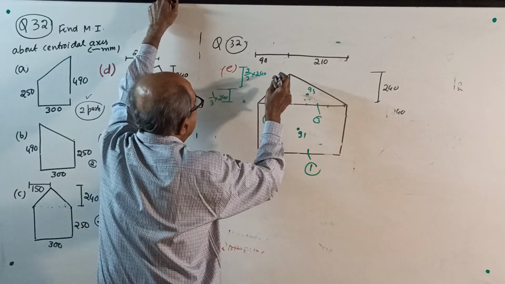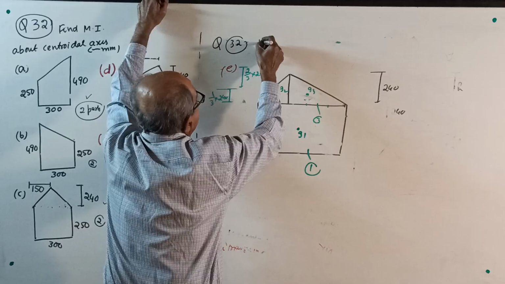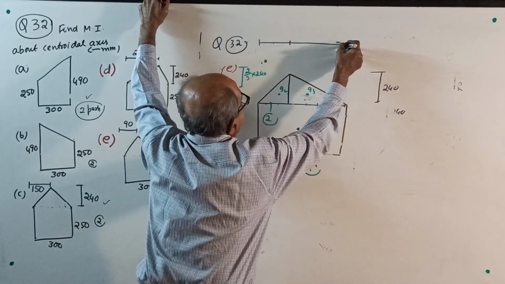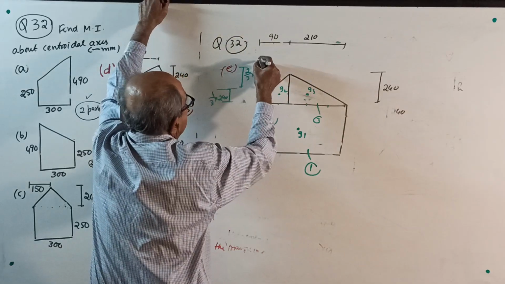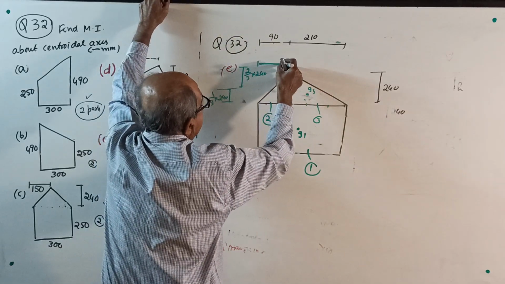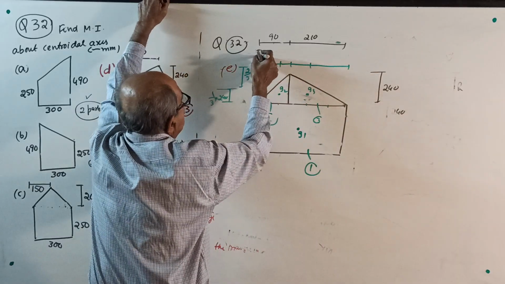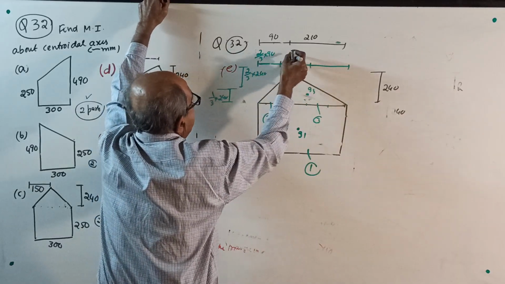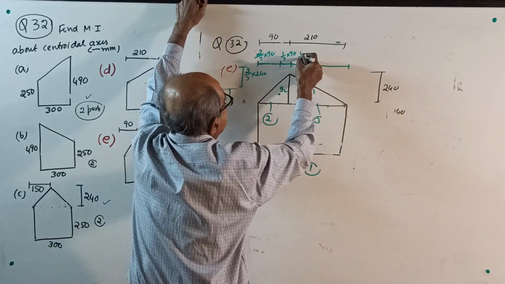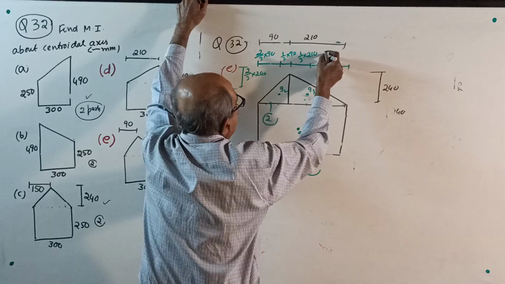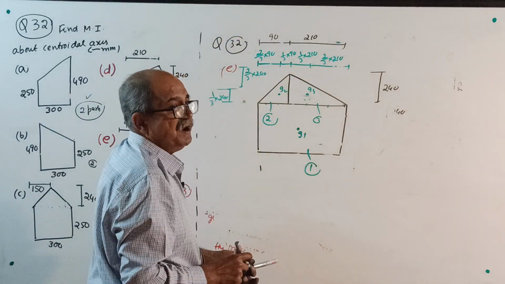Whereas, okay, you write this one, 90, I shift it here, 90 here, 210 here. This is, see, this is 2 by 3 of 90, 1 by 3 of 90, this is 1 by 3 of 210, 2 by 3 of 210. That's how we will do it.